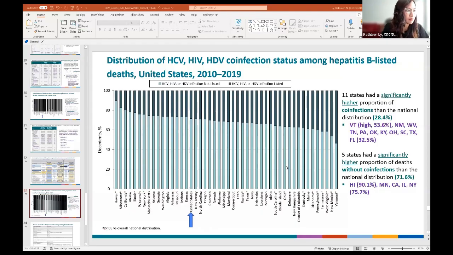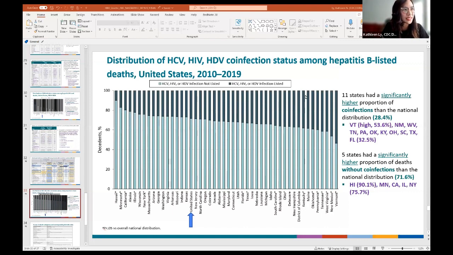Can you see the slide? Yes. Okay. So you can see here the co-infection. This is a stacked percent bar chart. The dark green represents states' level of co-infection among hepatitis B decedents, in increasing order of co-infection or decreasing order of non-co-infection.